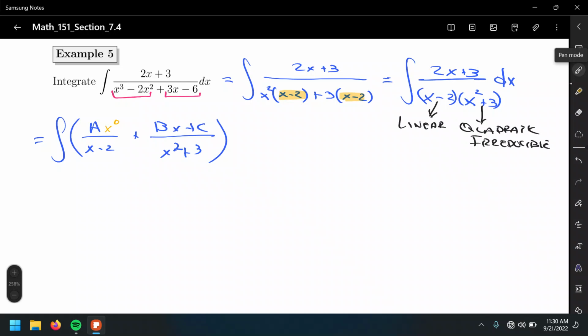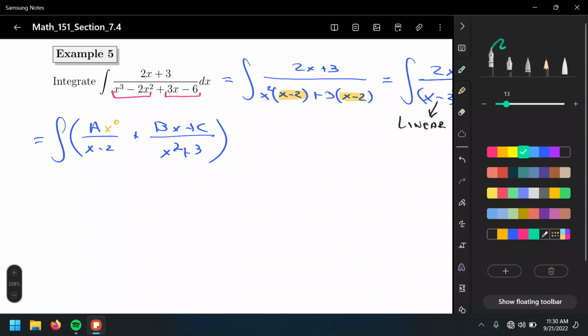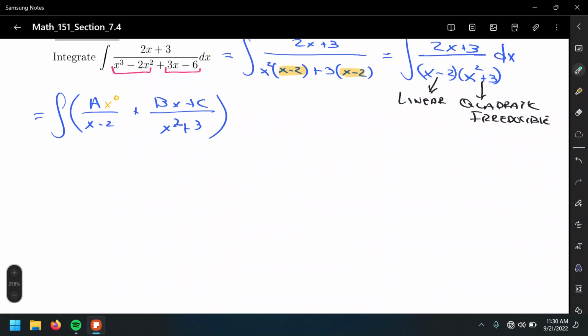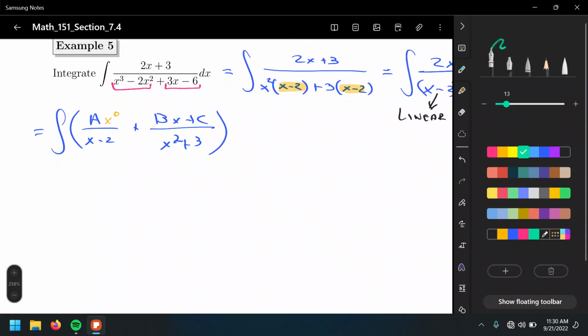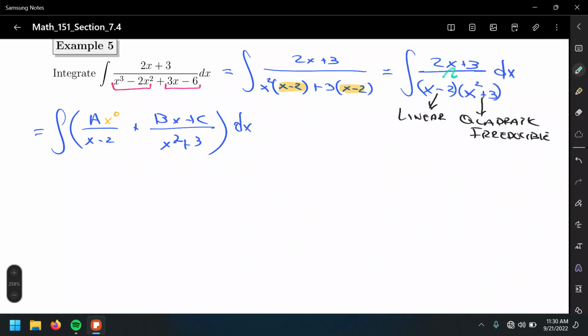All right. Now let's find those constants a, b, and c, and we do that by setting the integrand on the last step equal to the one in the previous step right here.